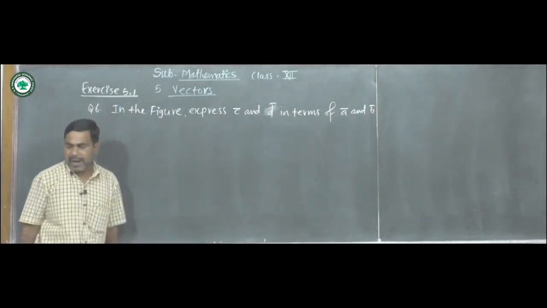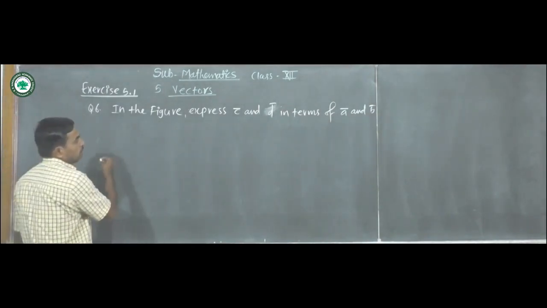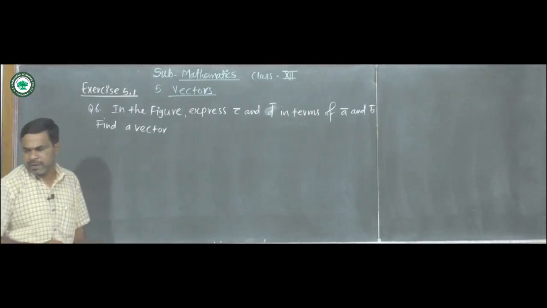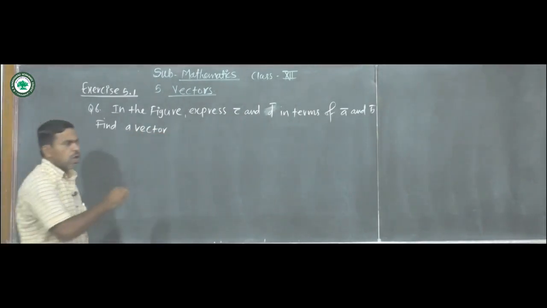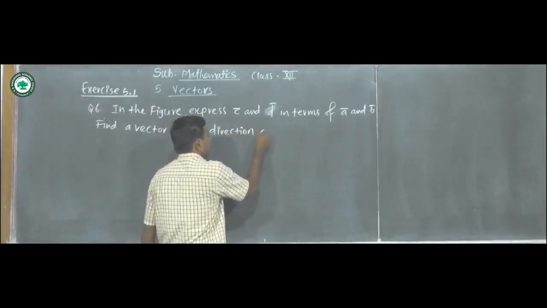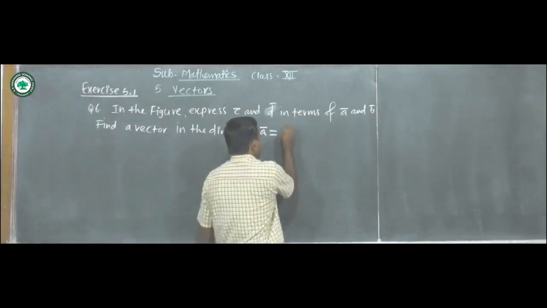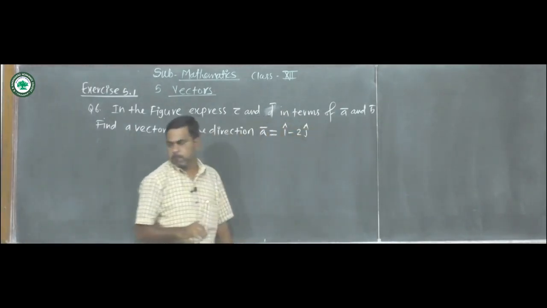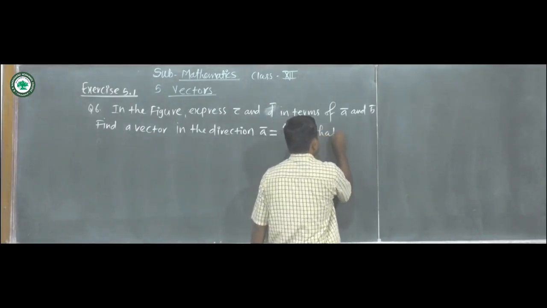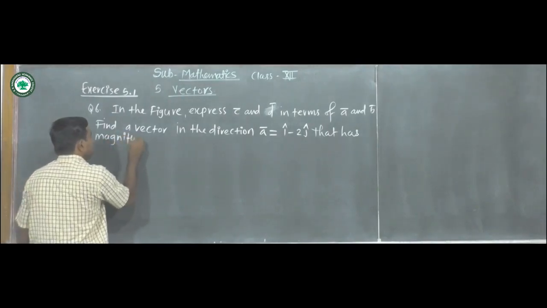Find a vector in the direction of A bar equal to i cap minus 2j cap that has magnitude 7.